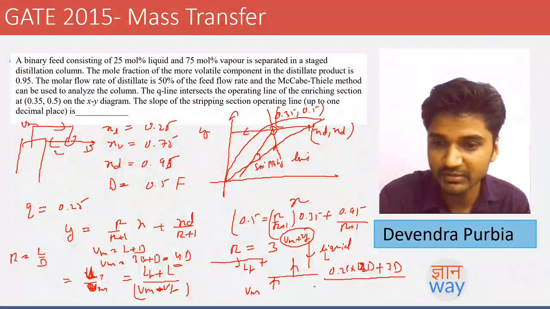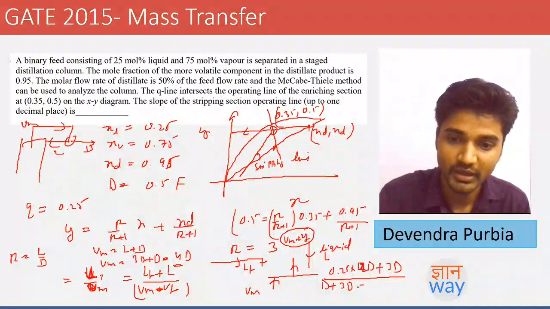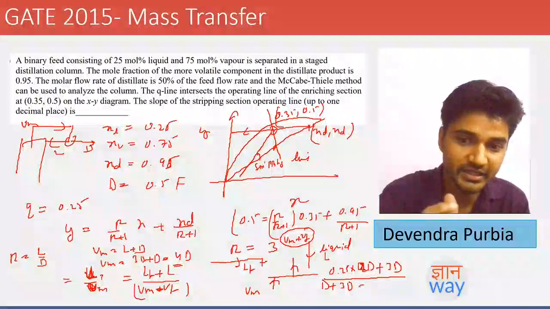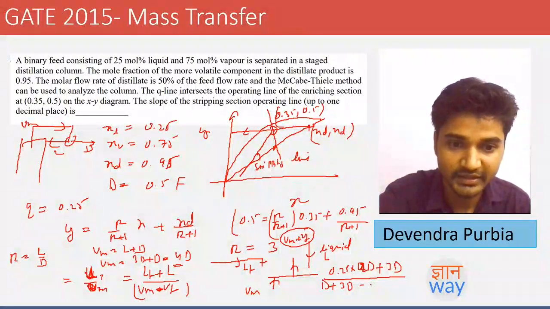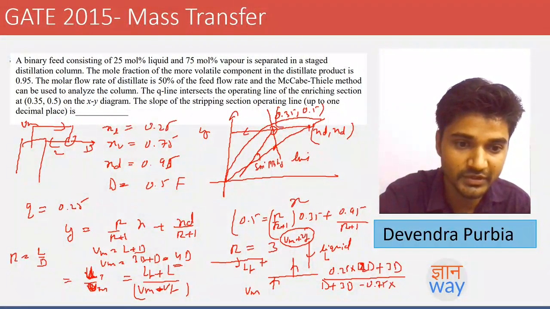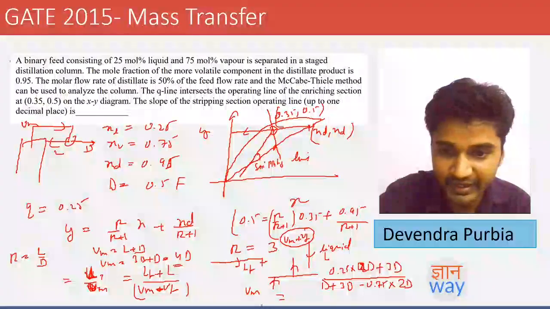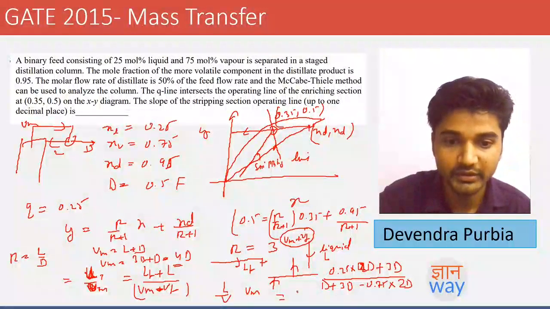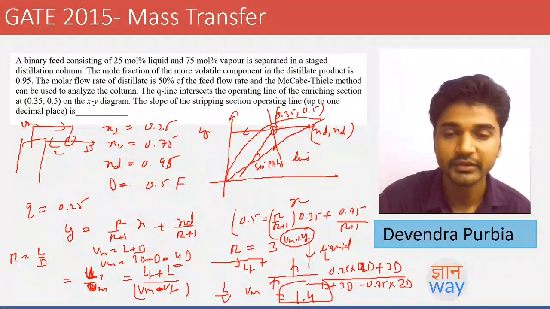Now what is Vm? Vm is nothing but L plus D, where L is 3 times D, minus Vf. What is Vf? Vf is the vapor additionally added due to the feed. Some vapor is present in the feed, and that is 0.75 of the feed, and the feed we know in terms of distillate is 2D. By solving this, we get the ratio L by V as 1.4. So the slope of the stripping section operating line will be 1.4.